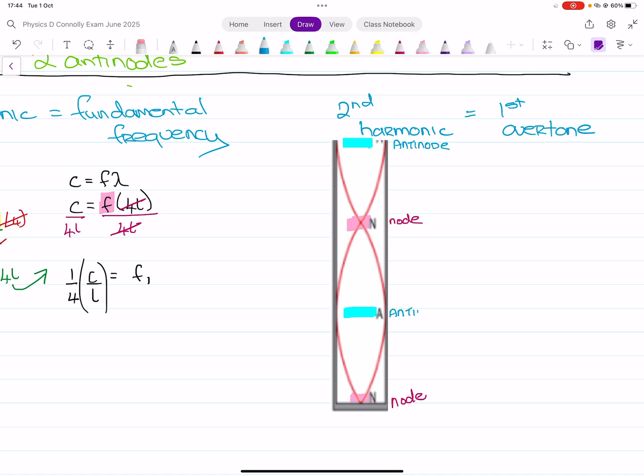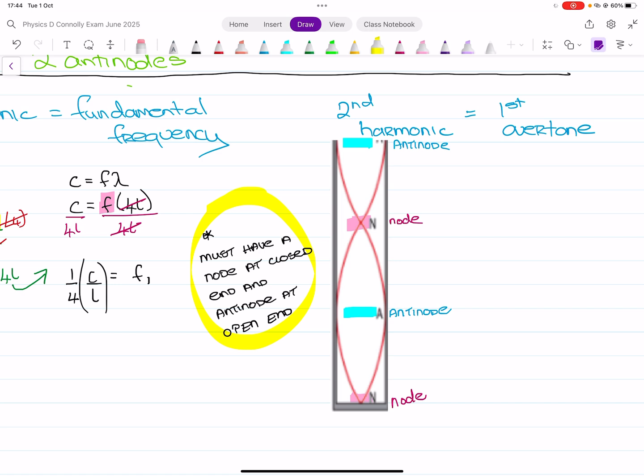The key with drawing these is that you must have a node at the closed end and an antinode at the open end. And if you follow that rule, you'll be able to draw them all.